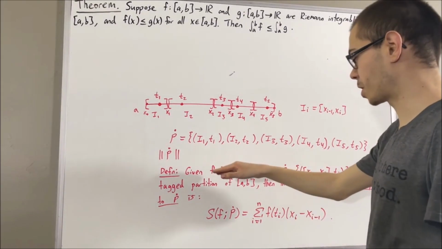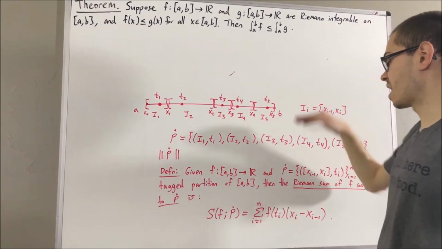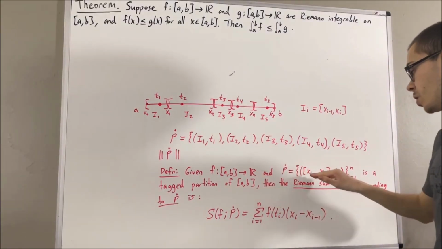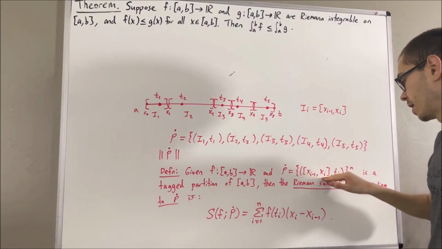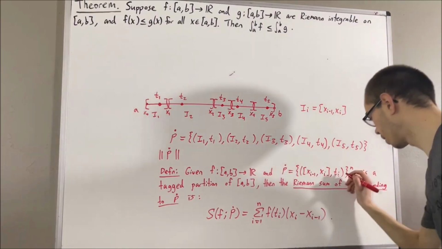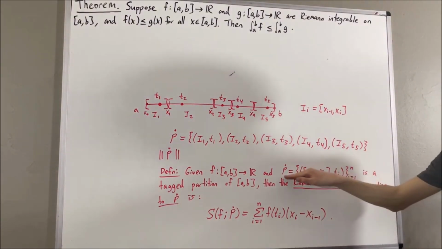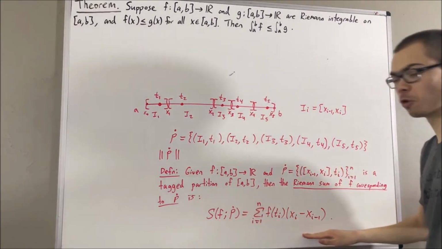Given that f is a function from [a, b] to R, and P is a tagged partition of [a, b], we'll say that the subintervals of the partition look like this, and the tags of the partition look like this. Then the Riemann sum of f corresponding to P is given by this formula.